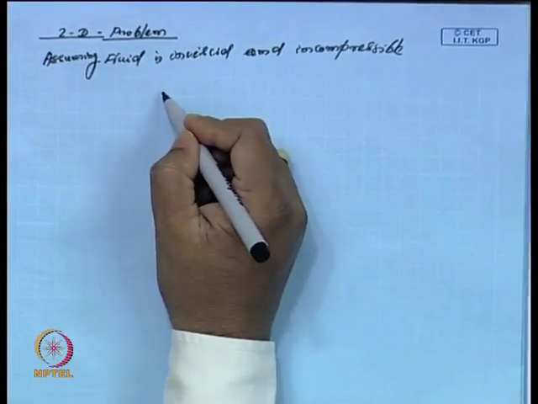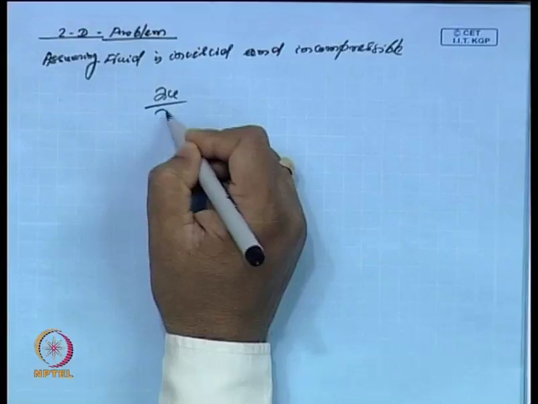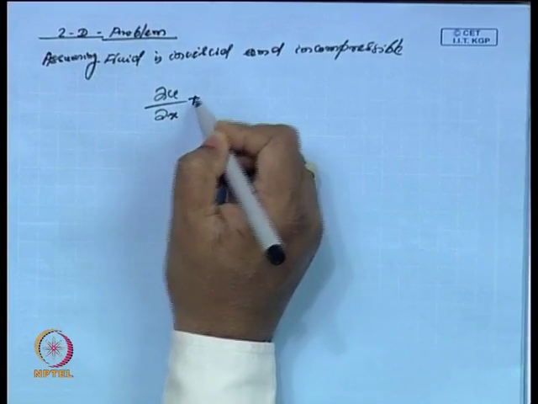We have the continuity equation: del u by del x plus del v by del y is equal to 0.